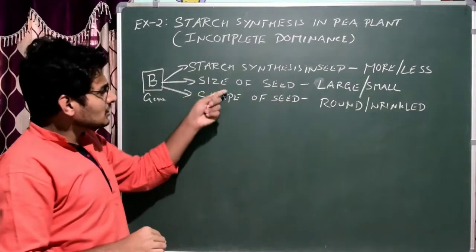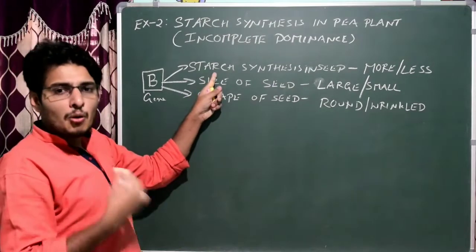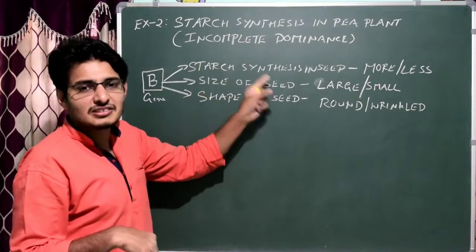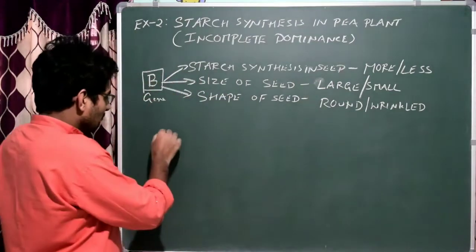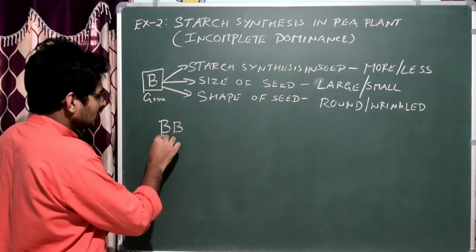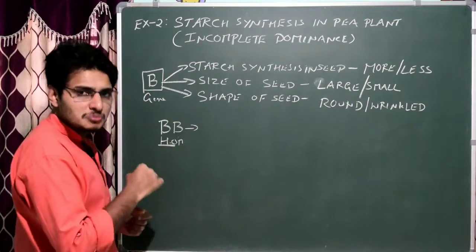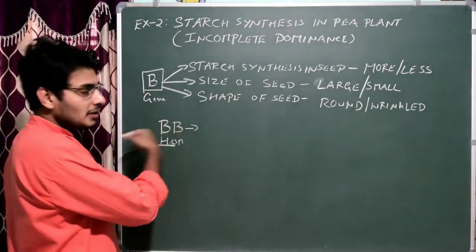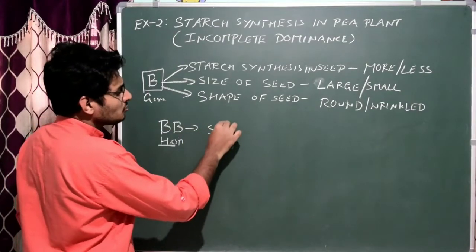Particularly, these 2 characters, size and shape of the seed, are determined by the amount or quantity of starch synthesized within the seed. If the plant occurs in homozygous BB condition, where both genes are dominant, then obviously starch synthesis will be increased.